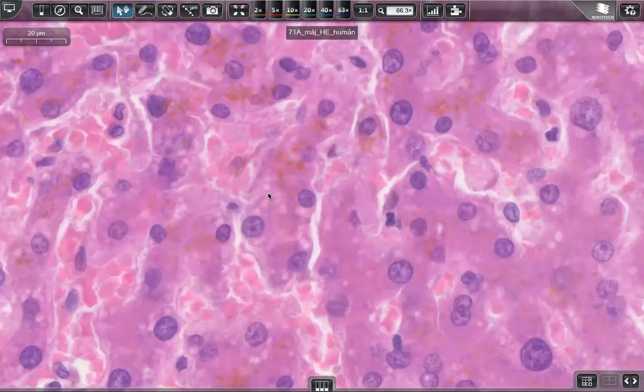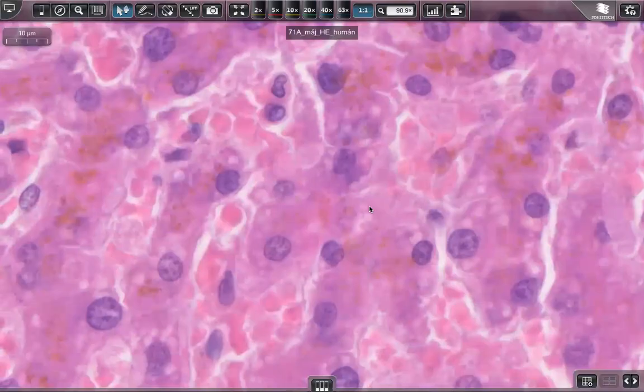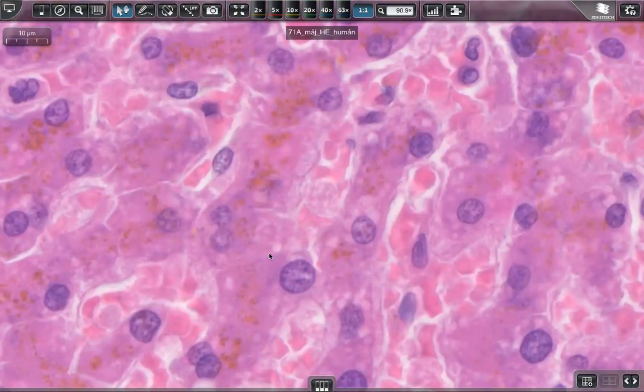Now, let's see these bile canaliculi, because among the cells, we can find some fine structures. For example, here, this white line, can you see? That's a bile canaliculus. Let's move on. There is another one here. When we can see the exact border, there is another.